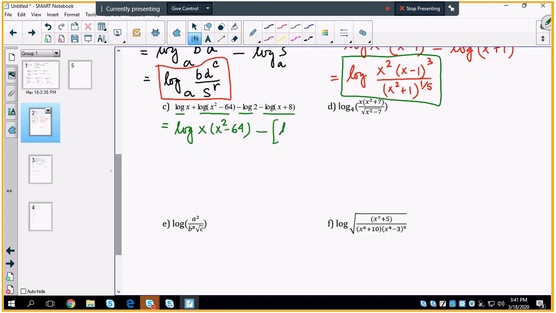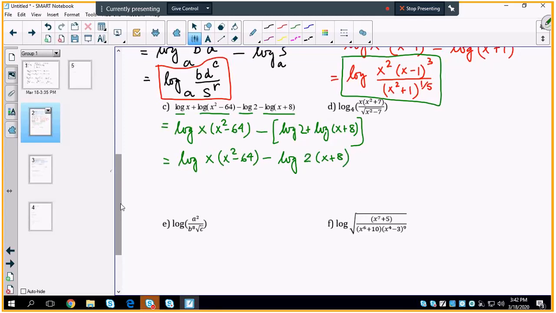And I get log of 2 plus log of (x plus 8). So all of a sudden, I have a plus between two logs, which is also a product rule. So the first term you don't change, you keep it log of x times (x squared minus 64), whereas the second one, you multiply. You say log of 2 times (x plus 8).